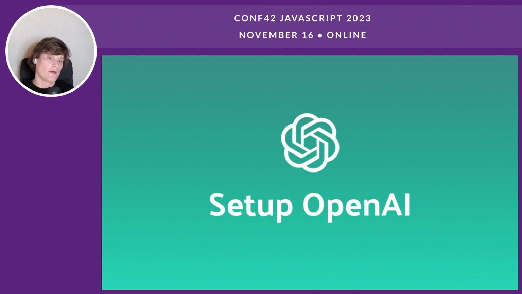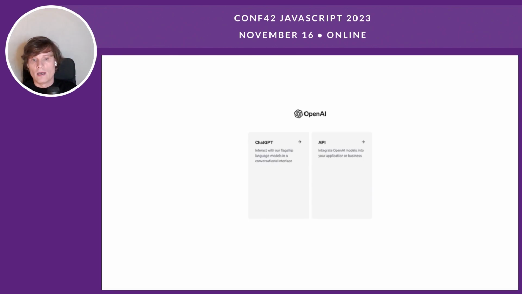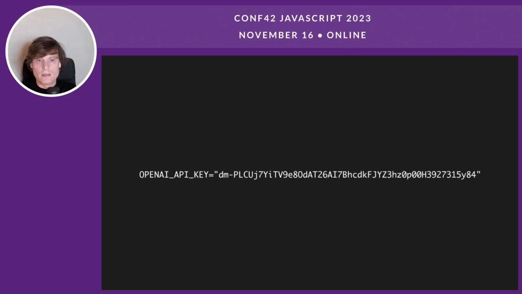account. For that, you have to go to openai.com and create your organization in order to obtain the API key. So there is going to be an API account where you can set up all of this stuff, and then finally you're going to get your OpenAI API key, right?